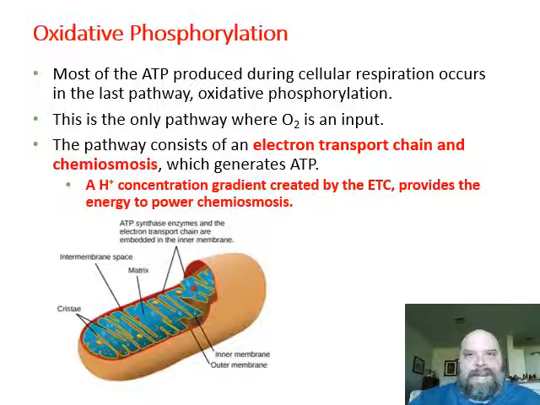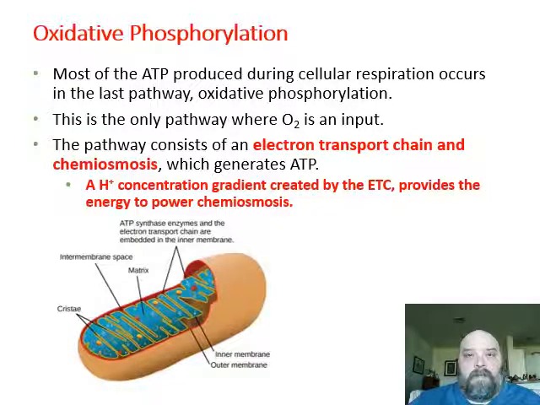Now, when I say setting up, specifically what it is, an electron transport chain. It's going to use those excited high energy electrons that are being chaperoned, transported in by NAD and FADH. And it's going to pump hydrogens from the inner matrix to the space between the two membranes.